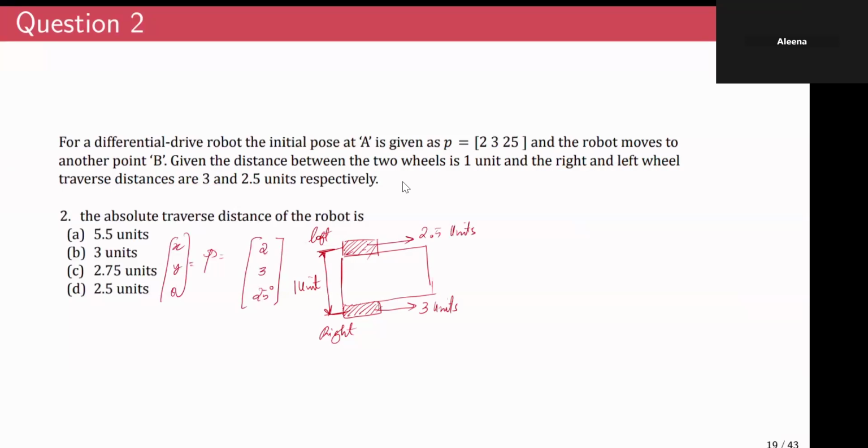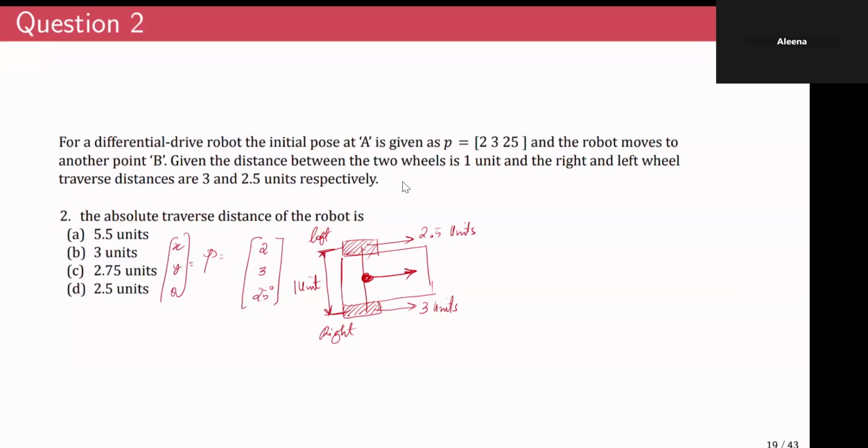So what is the absolute traversing distance of this robot? Which basically means the distance moved by the robot's central point. The question asks how much it should be moving.